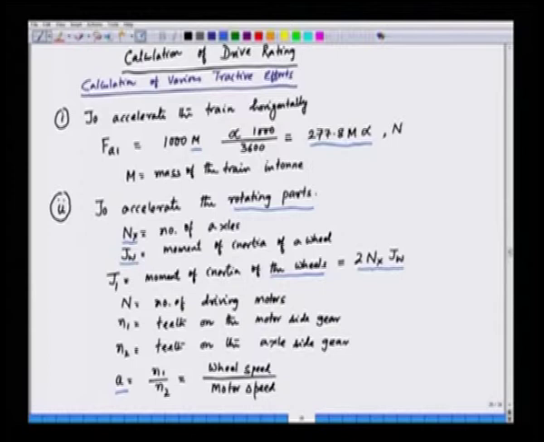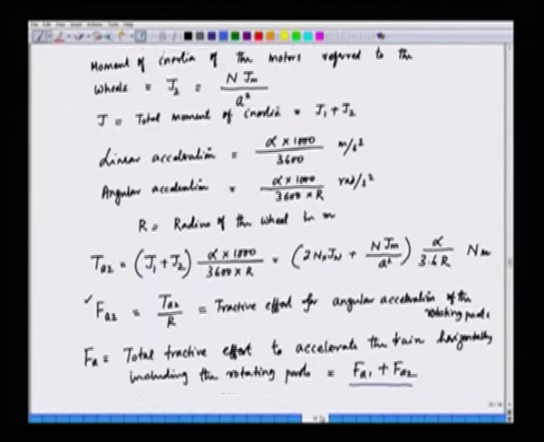N1 is the teeth on the motor side gear and N2 is the teeth on the axle side gear. So we can take the ratio of N1 and N2, and that is the gear ratio. Jm is the moment of inertia of each motor, and we have n driving motors, so n Jm by A square is the moment of inertia J2, that is the moment of inertia of the motors referred to the wheel side.